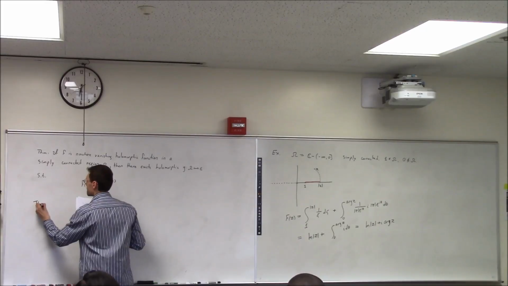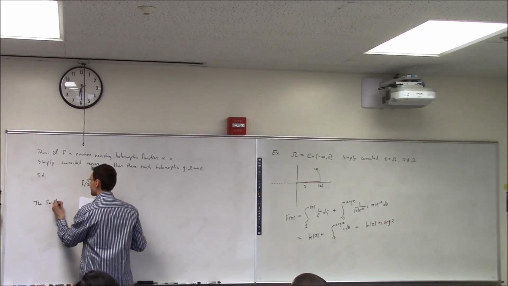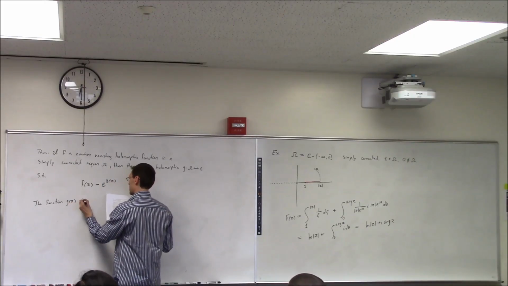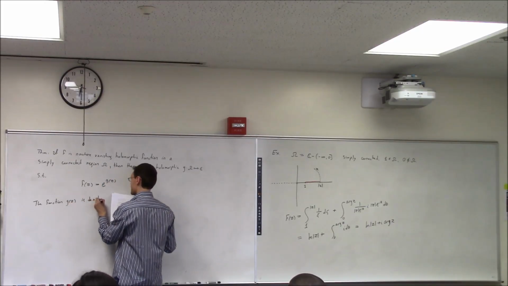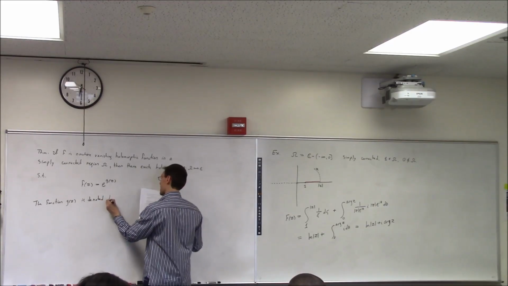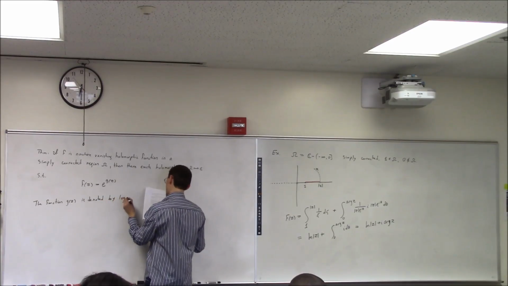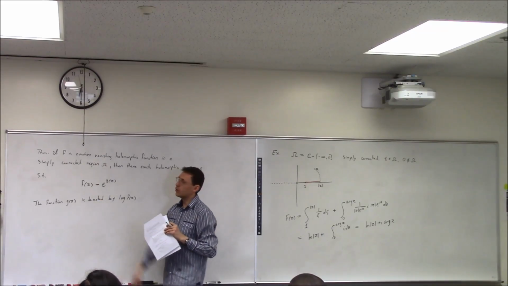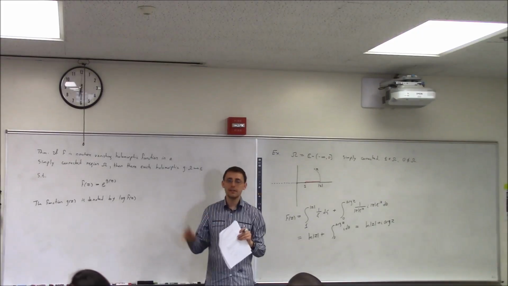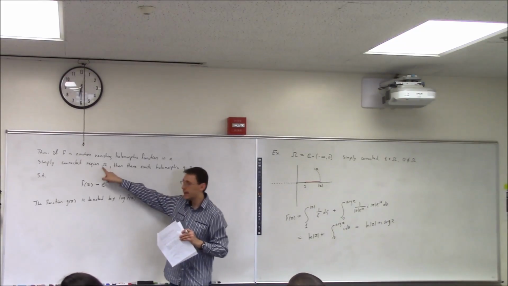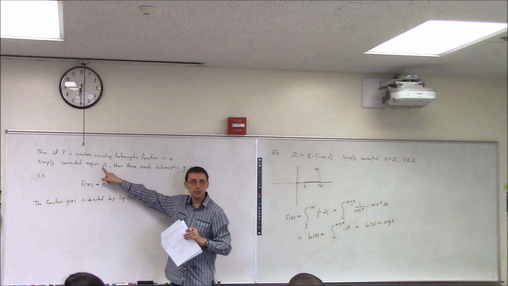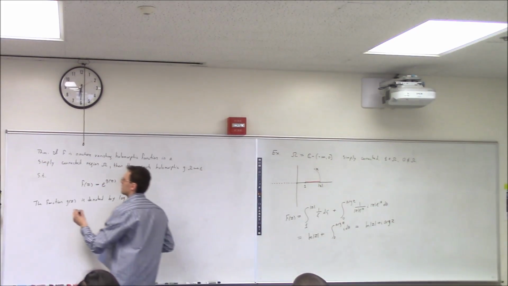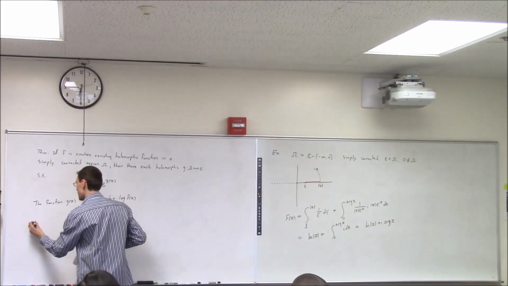The function g of z is denoted by log f of z. So you see what I'm saying? Any nowhere vanishing function, any function that never takes the value 0 on omega, has a logarithm, where omega is a simply connected domain. Let's try to prove it.